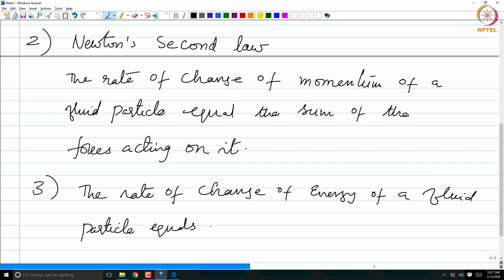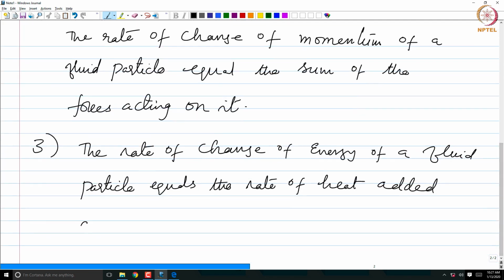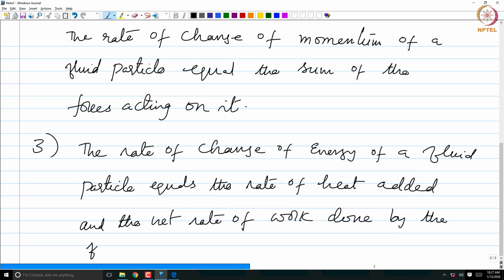Equals the rate of heat added and the net rate of work done by the fluid particle. So this is conservation of energy, which is also a law of thermodynamics. Which law of thermodynamics is this? First law, okay, this is the first law of thermodynamics.